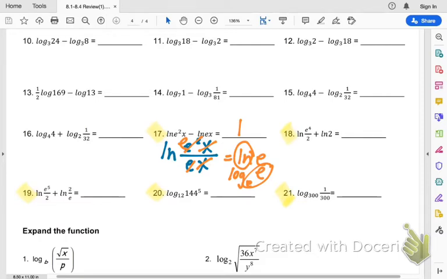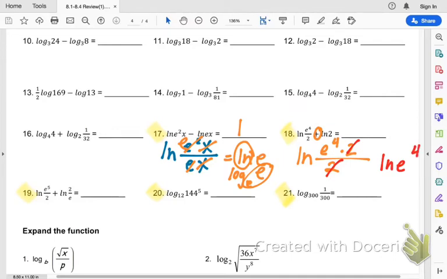If I look at number 18, they are separated by a plus sign. So I'm going to multiply. So this would leave me with ln e to the 4th times 2 divided by 2. From there, I want to simplify, so the 2's will cancel, and then I'm left with natural log of e to the 4th.